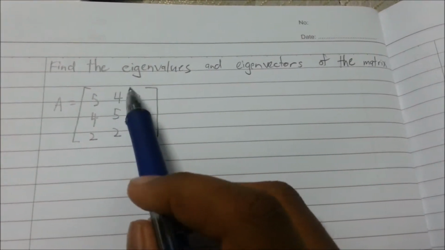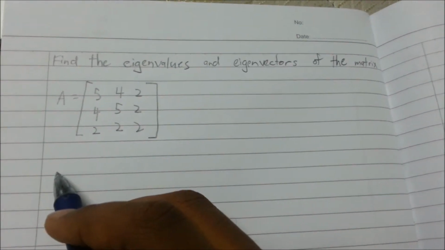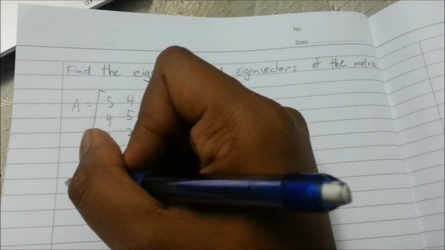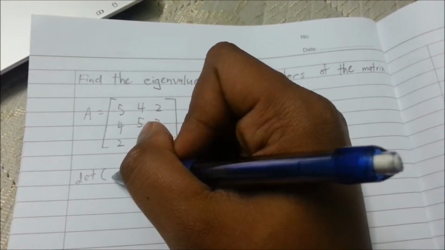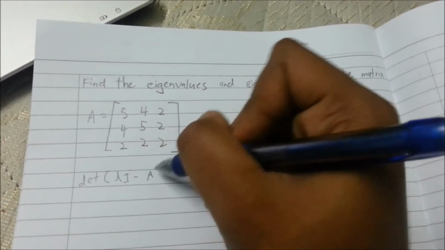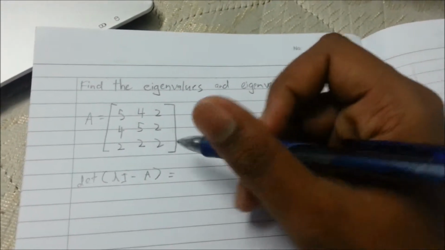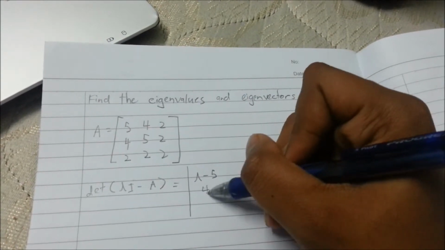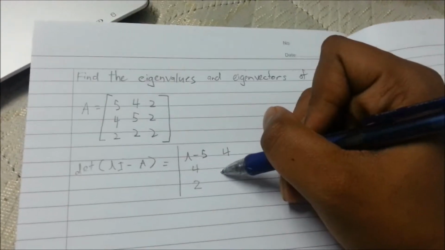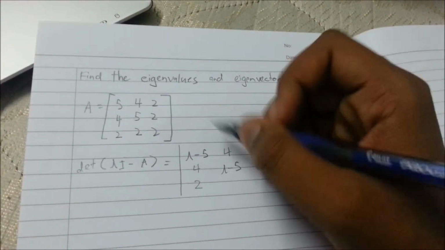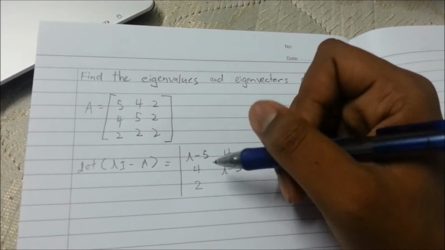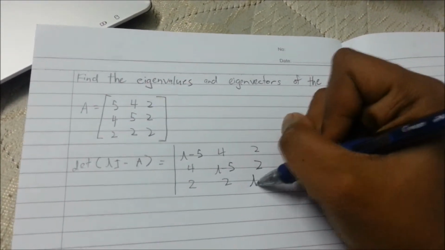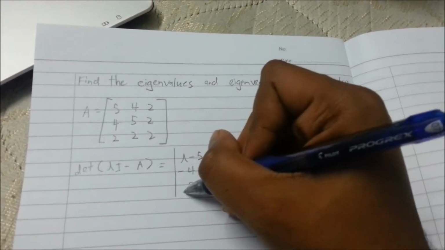So to solve such a question, the first step would be to use lambda I minus A. Applying this to the above matrix will give lambda minus 5, 4, 2, 4, lambda minus 5 again, because as you can see in the matrix, and 2 and 2 here, another lambda minus 2, not forgetting our negative since we have inversed.